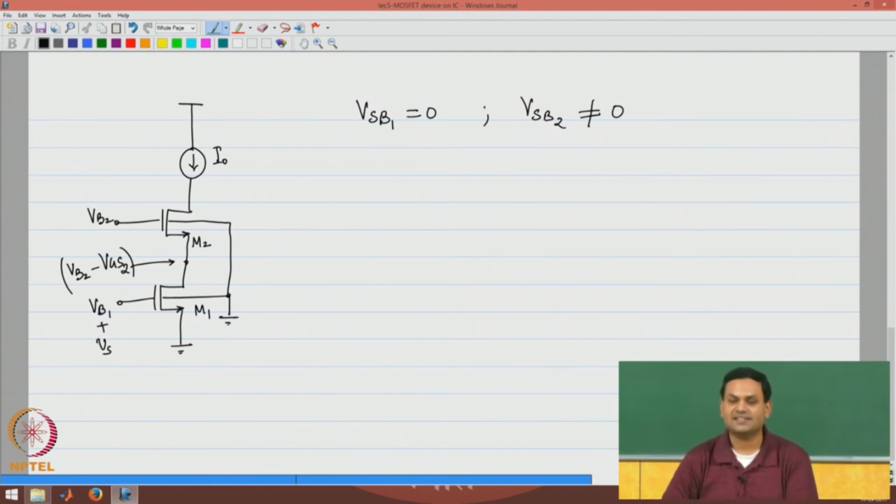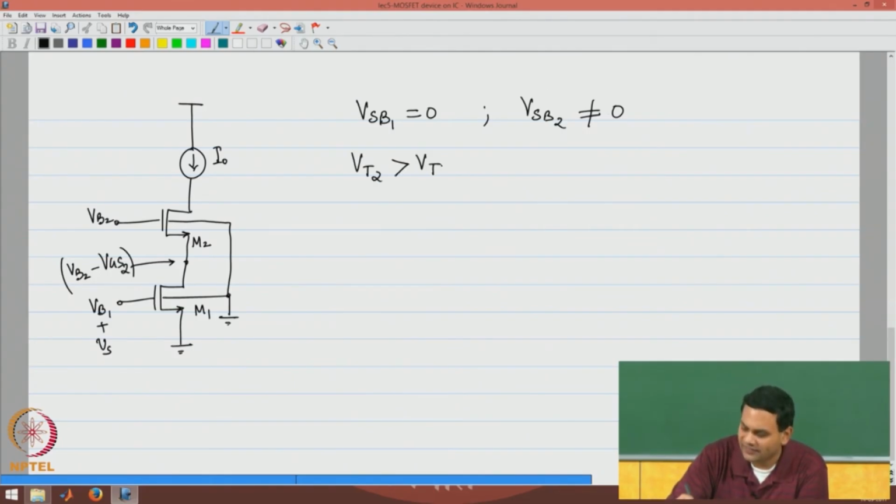Since VSB2 is positive, Vt2 is greater than Vt naught, the two devices will have different threshold voltages. So, any circuit where the source and bulk are not connected together will have this effect.